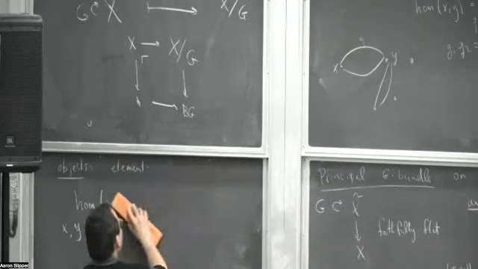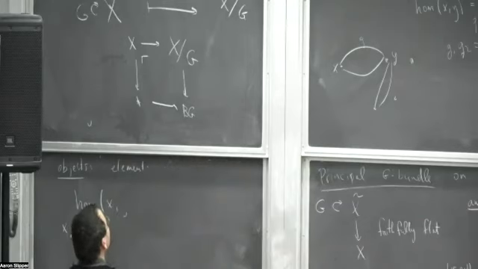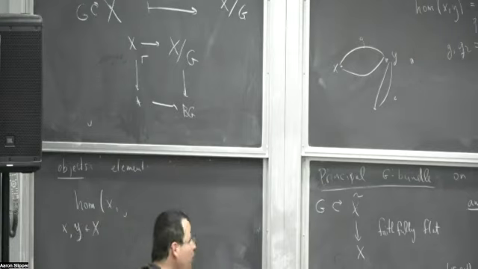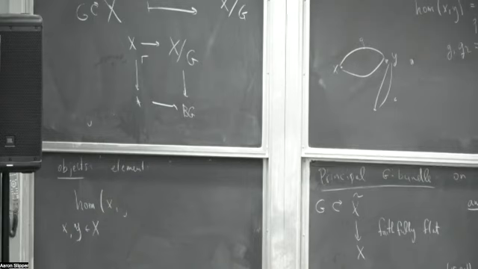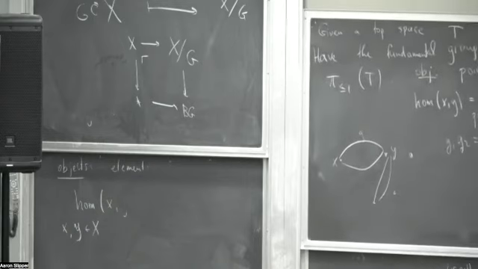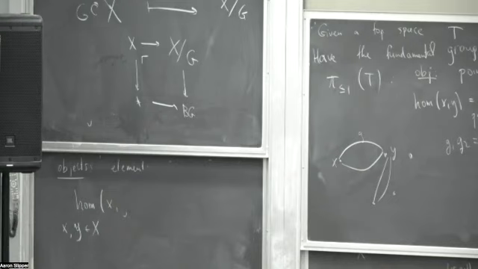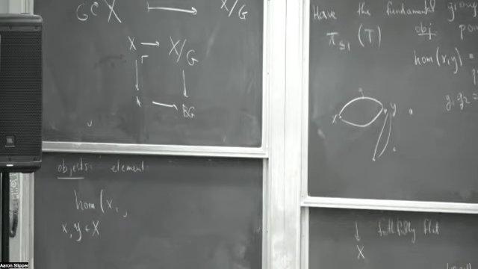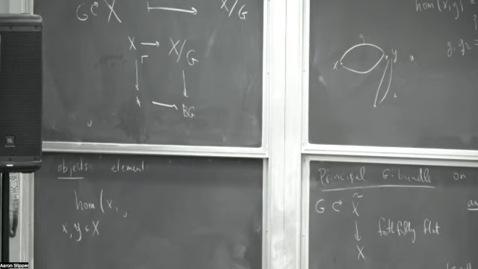The word stack is not being defined. I'm not going to, not in this seminar. Well, let me define. A stack is a functor like this which is a sheaf in the flat topology. I didn't say algebraic stack.